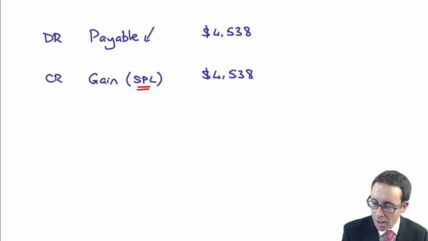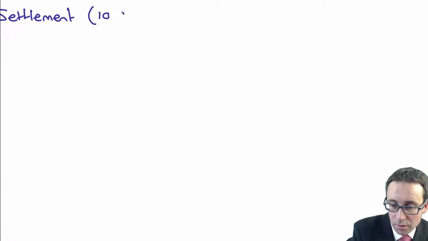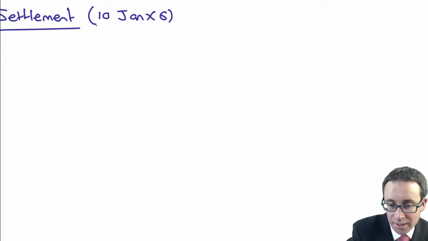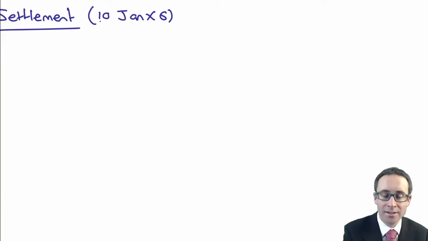Okay. Then just to go through and finish it off, what happens is it's on settlement, which I think was on the 10th of January X6, so quite soon into the year, isn't it? We need to record the transaction at the rate in place on that date.